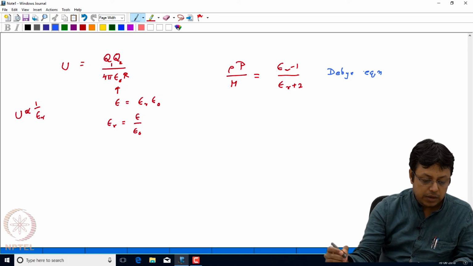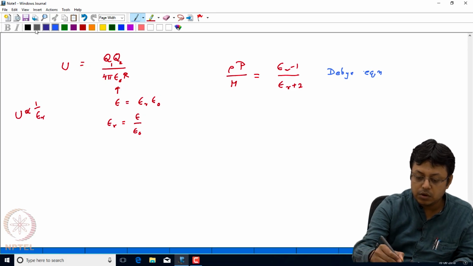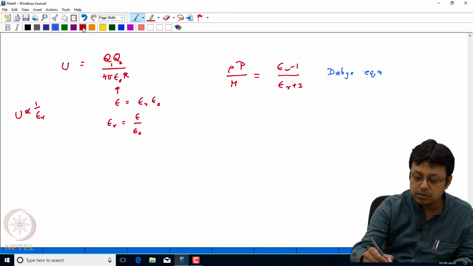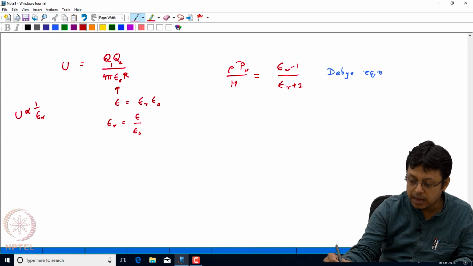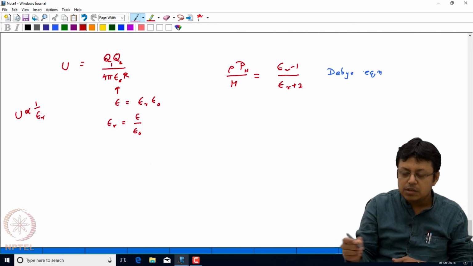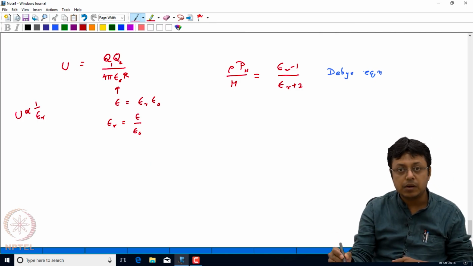Here Pm is not only the macroscopic polarization, it is the molar polarization, so we can use a small m for that. It tells me the polarization for 1 mole, so it is the dipole moment per unit volume for 1 mole.